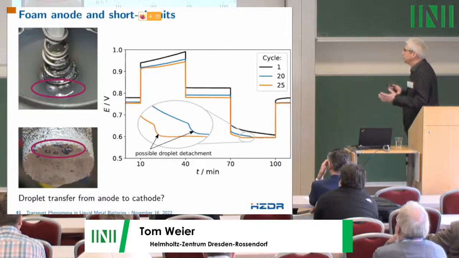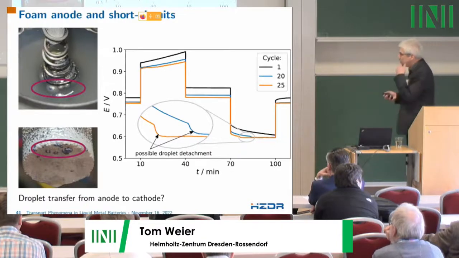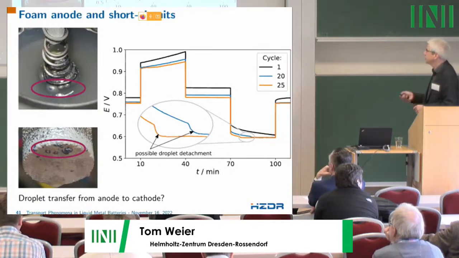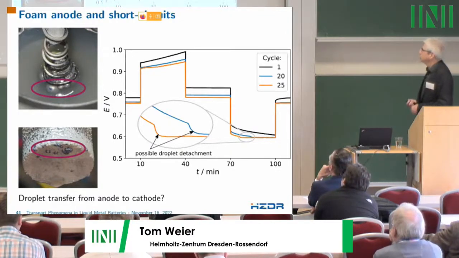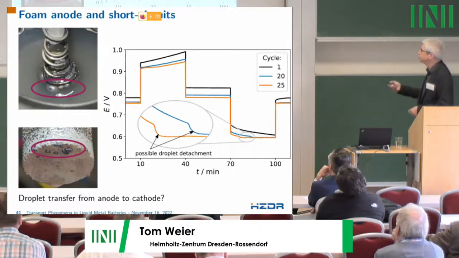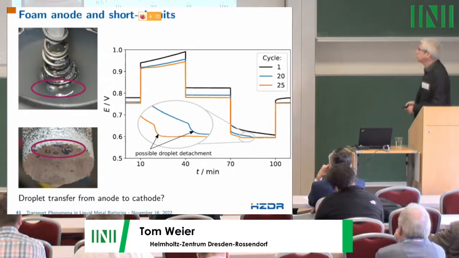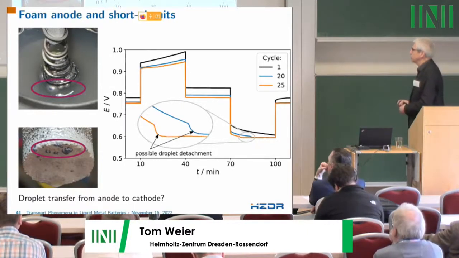In the end, we have a situation where there are metal droplets in the electrolyte. We were curious how they behave, because we observed very rapid decays of the cell voltage. And Norbert thought this might be due to these droplets moving from the anode directly to the cathode, thereby increasing the concentration dramatically.